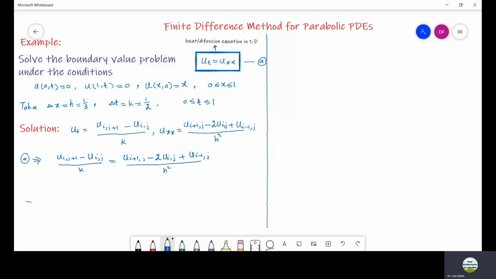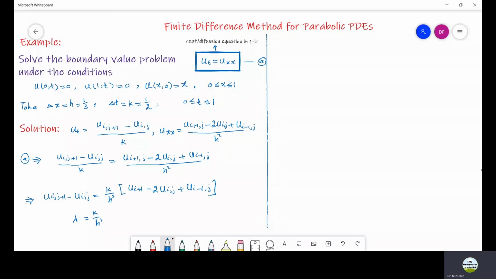Let us multiply k on both sides. So we have ui j plus 1 minus ui j is equal to k divided by h square into ui plus 1 j minus 2 ui j plus ui minus 1 j. Let us represent k by h square by lambda.